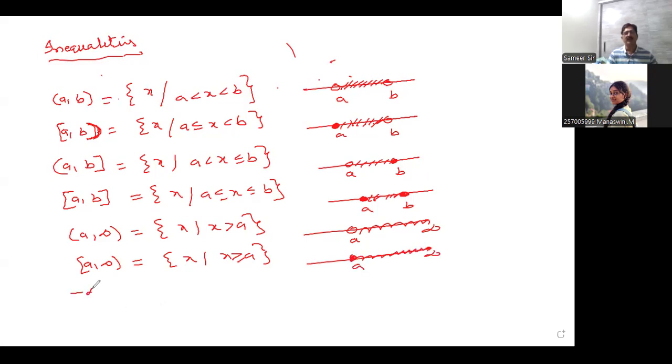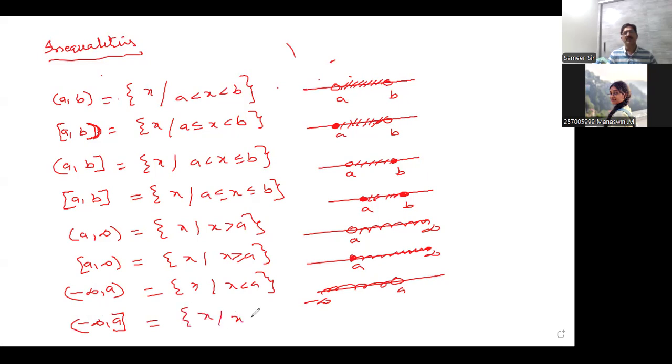In the same fashion, (minus infinity, a), if open, then it is x such that x is less than a. A is open, but on this side minus infinity. Now you see (minus infinity, a]. The infinity side, you remember, is always open.